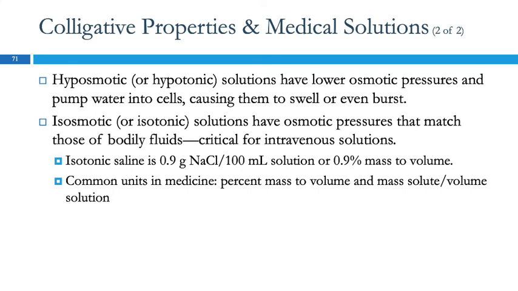So that's why sometimes there's a mass volume percent. It's a common unit in medicine, percent mass to volume, the mass of solute per volume of solution. All these different units exist because they are convenient for different purposes.